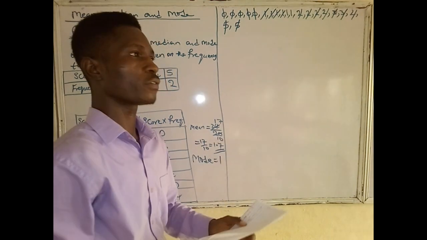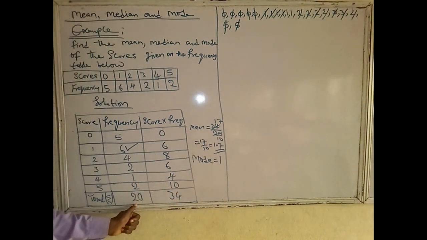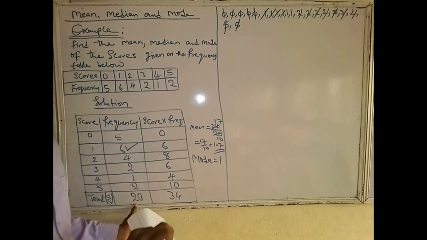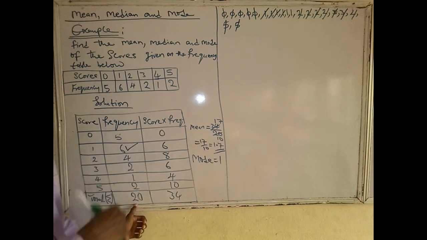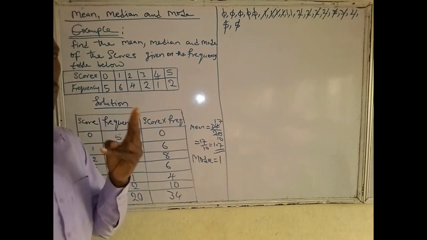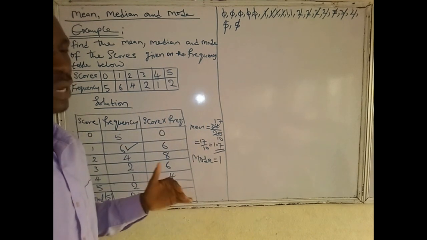Now, if the given set of values, like you can see from our frequency here, the frequency is 20, meaning the number of people who participated is even. So if the number of participants is even, or the total frequency is even, it will always have 2 middle numbers or medians, which we are going to sum and divide by 2.